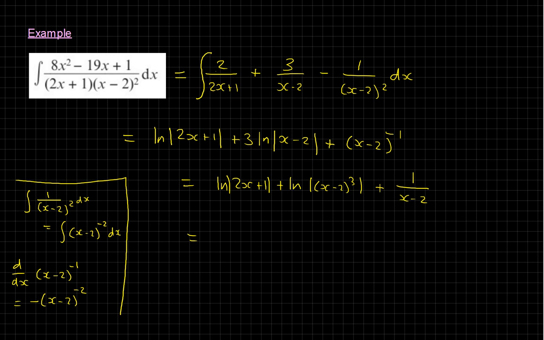And that's equal to, if we're adding logs, we're multiplying, so that's the ln of 2x plus 1 times x minus 2 cubed plus 1 over x minus 2. And that we can't really combine with the logarithm, that's just stuck there. Plus C. Okay, and that's the answer to that particular integral.